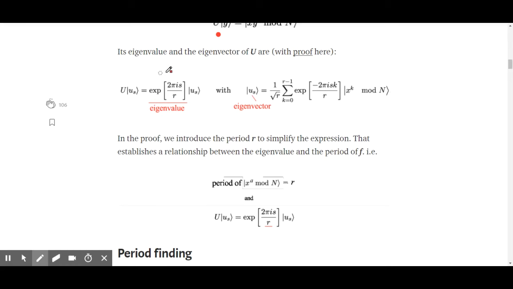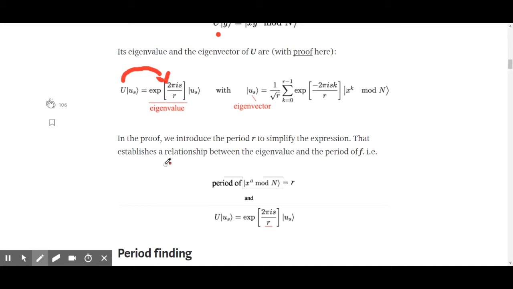So this u can be expressed like that. I think that's because of the properties of gates in these quantum circuits, right? I think we can derive this from that.